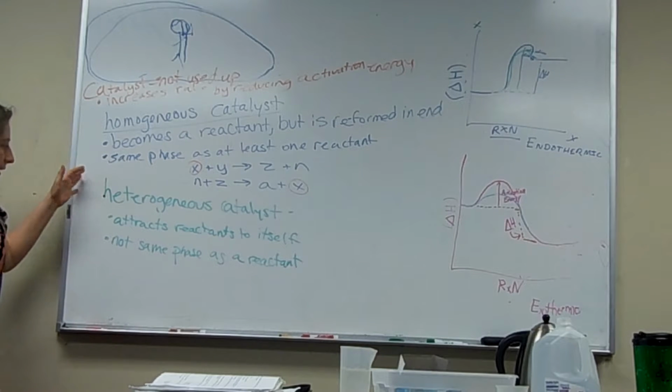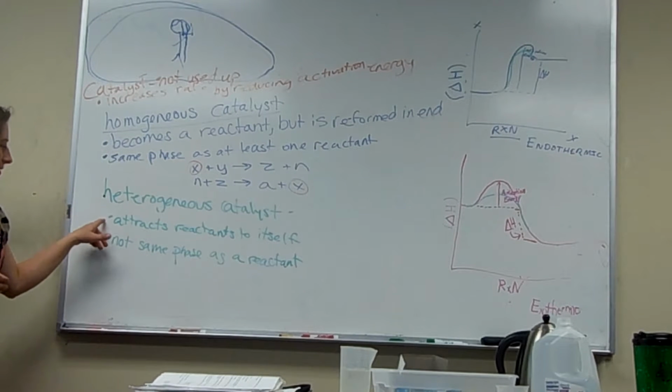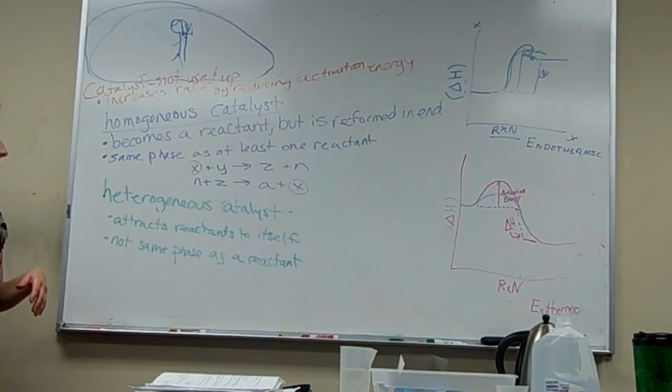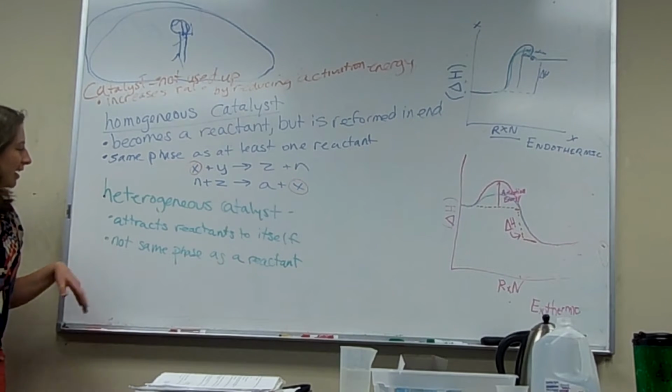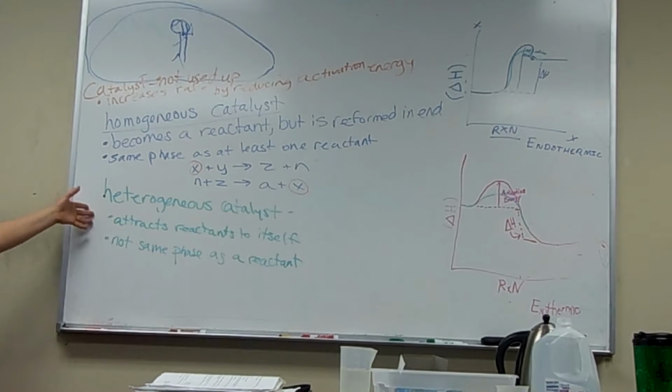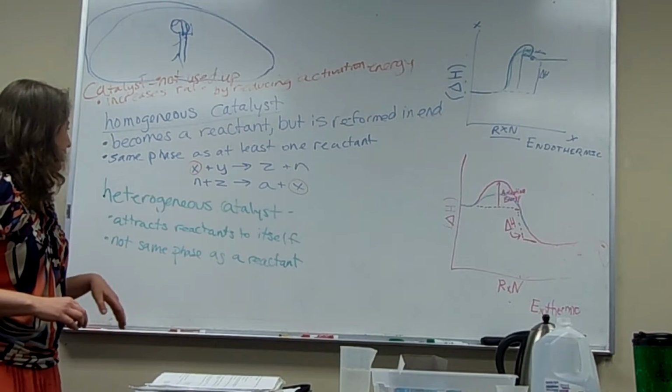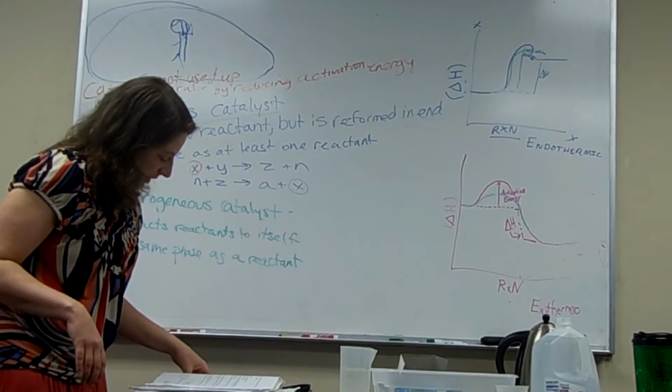When it's a heterogeneous catalyst, of course, with a decomposition, the mechanism's a little different, and it's not necessarily attracting reactants to itself, but it's kind of complicated. So it appears like a heterogeneous catalyst, and in fact it is a heterogeneous catalyst, but you get to see that it does speed up the reaction by lowering activation energy. Today's will be a homogeneous catalyst.